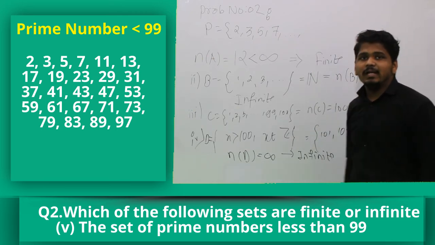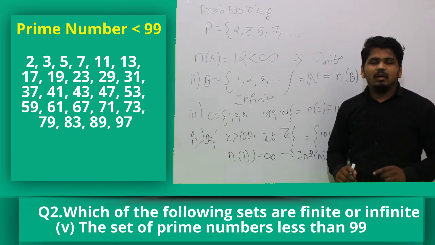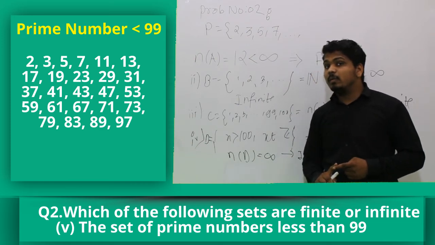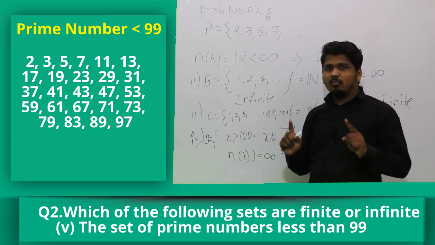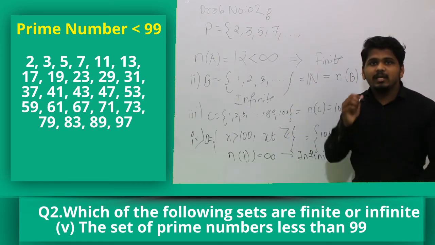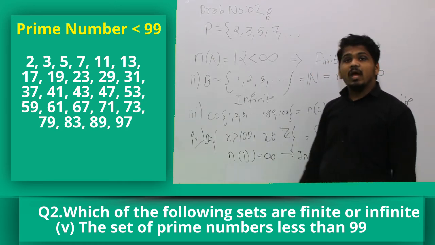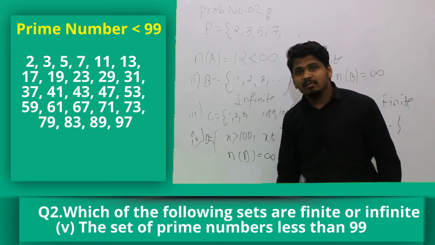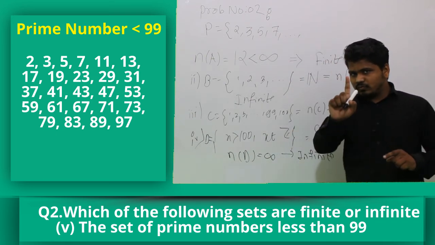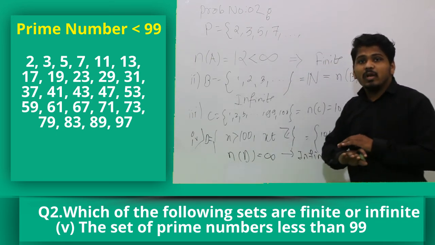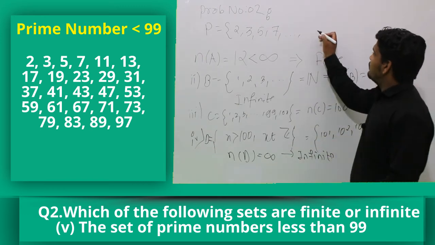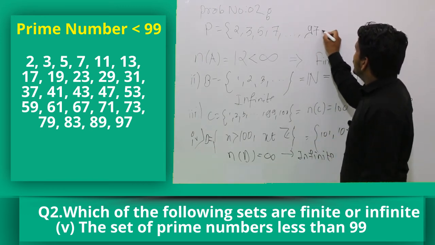Now what about 99? 99 is a multiple of 3, therefore it does not become a prime number, it will become a composite number. Now what about 98? 98 is an even number, therefore it will not be prime. Now what about 97? 97 has no divisors other than 1 and itself, therefore this number is prime. Therefore I will go up to 97 only.